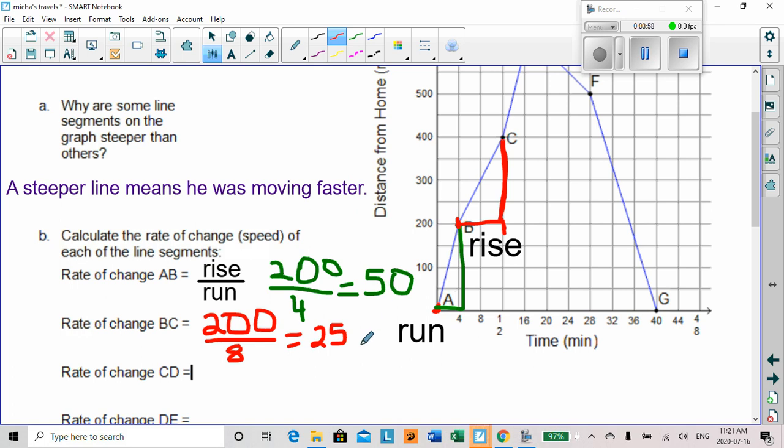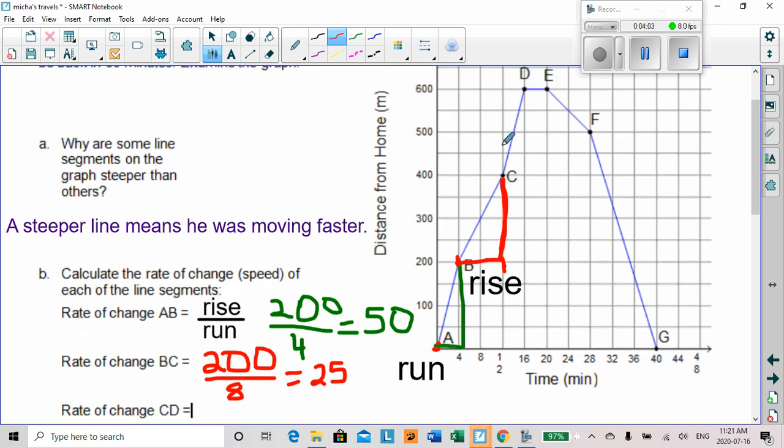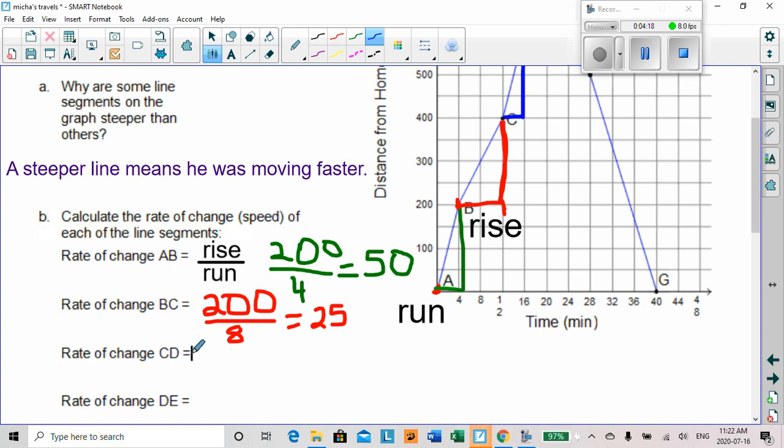Well, now we know that the speed is 25. From C to D, we'll do that one the same way. Make your rate triangle from C to D. The rise is going from 400 to 600, so that's a rise of 200.